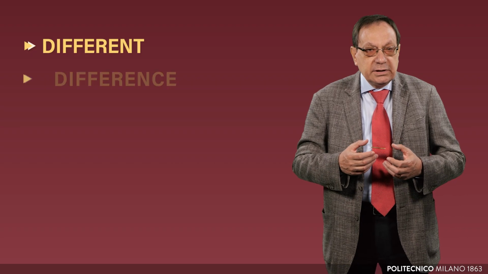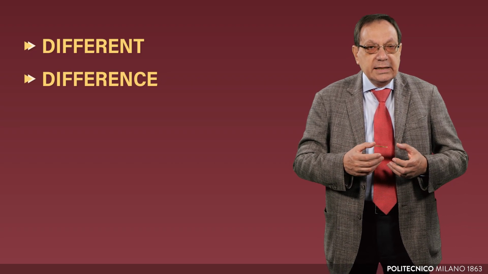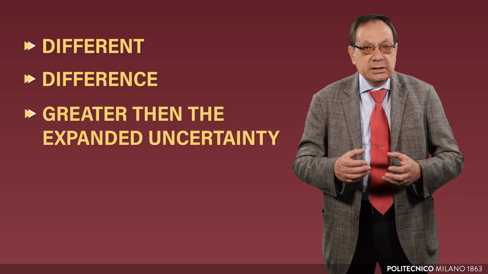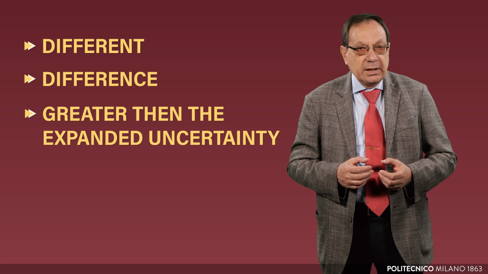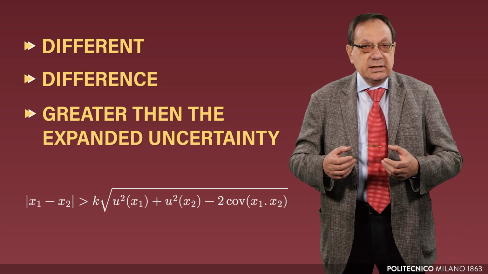We can therefore state that the two measurement results refer to two different measurands if the difference between the measured values x1 and x2 is greater than the expanded uncertainty with which it has been evaluated. Mathematically, this is expressed by the relation you see here.